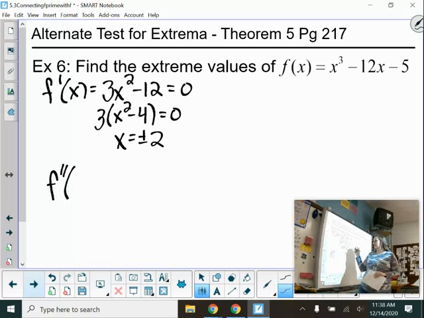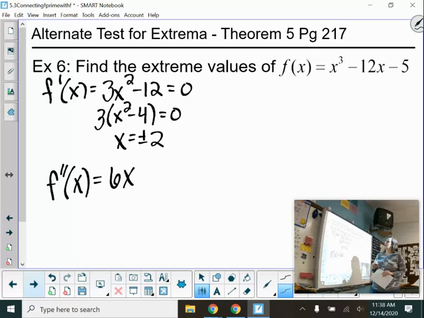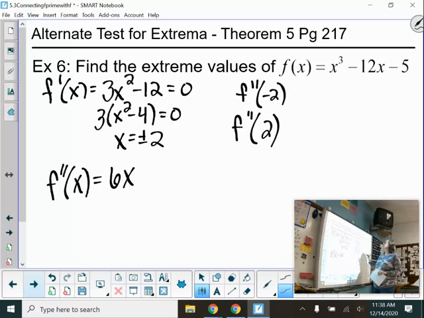So my second derivative is going to be 6x.